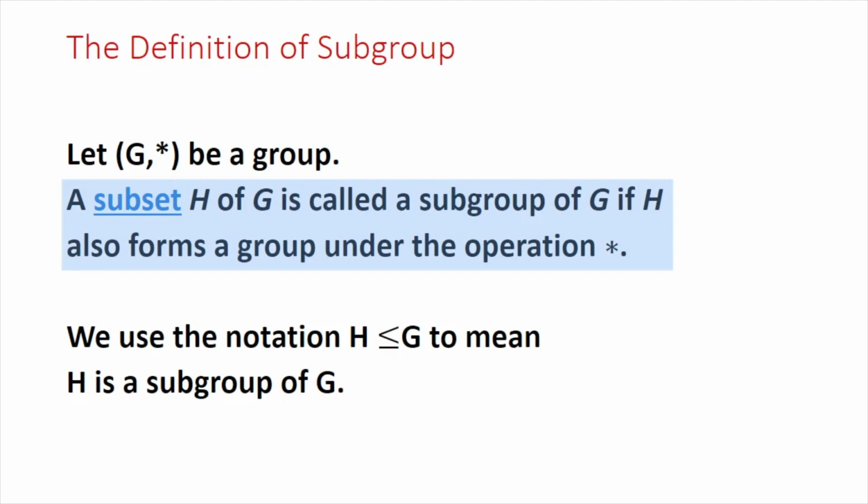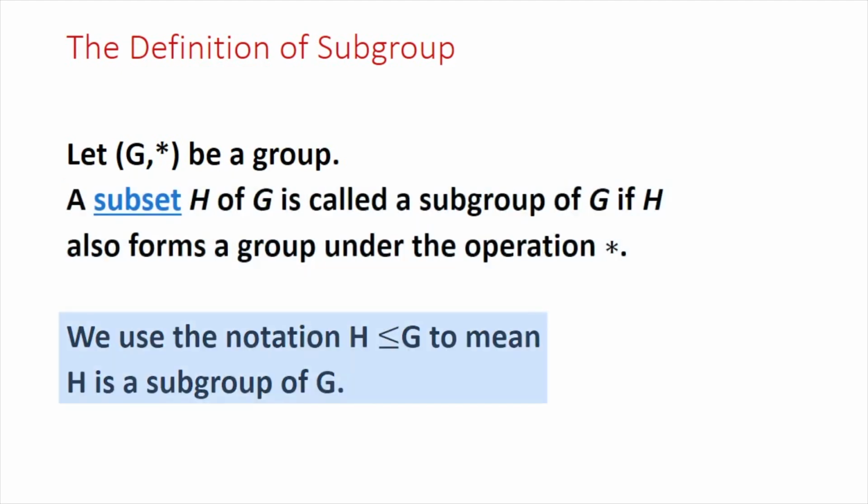A subset H of G is called a subgroup of G if H also forms a group under the operation multiplication. We use the notation H ≤ G to mean H is a subgroup of G.